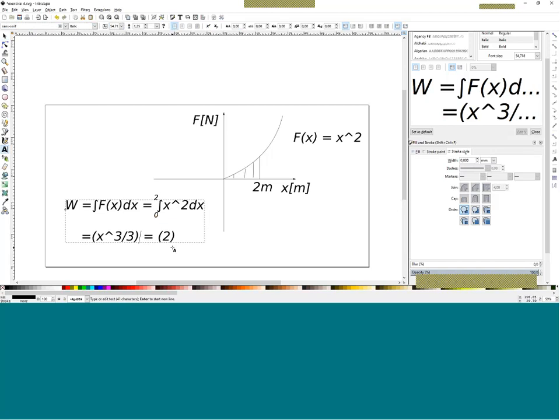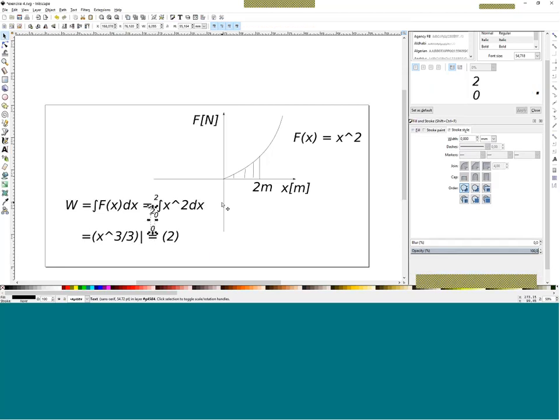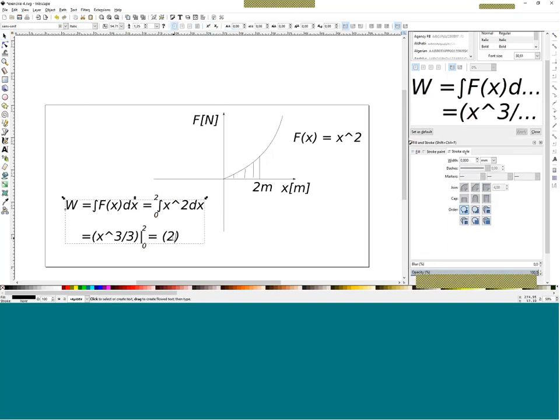And in this case, we also have it from 0 to 2, and then that should give the power of 3.